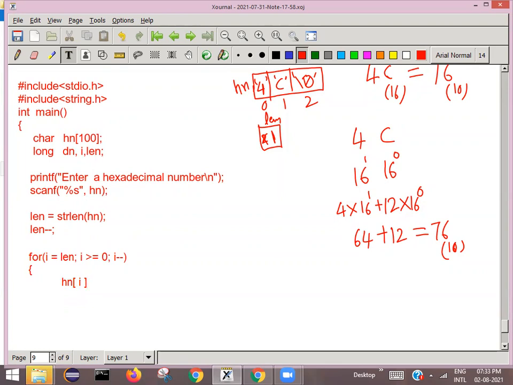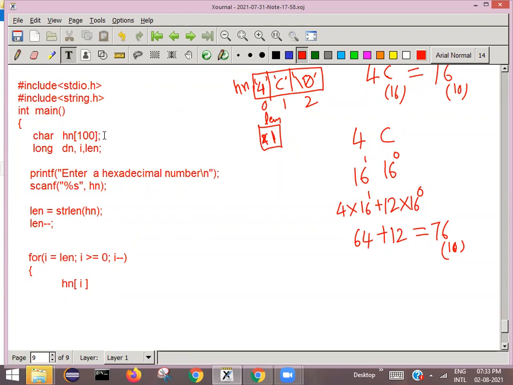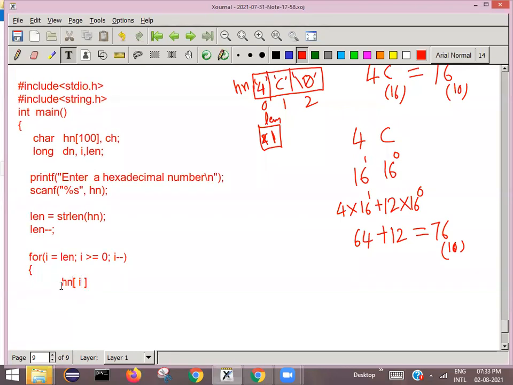Whenever I say hn of i, this gives this character, C, I'll get here. So better you declare a character variable here, ch, and read the character. I'm making the logic simple. Afterwards, say ch is equal to hn of i.